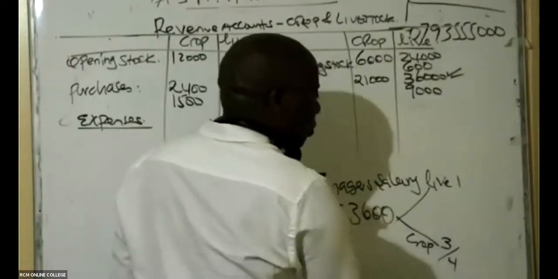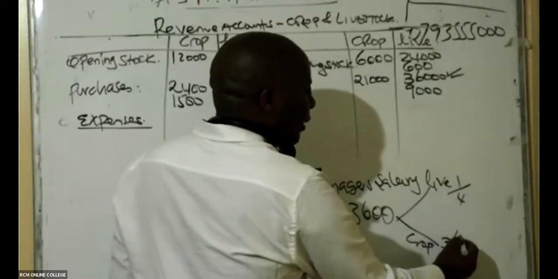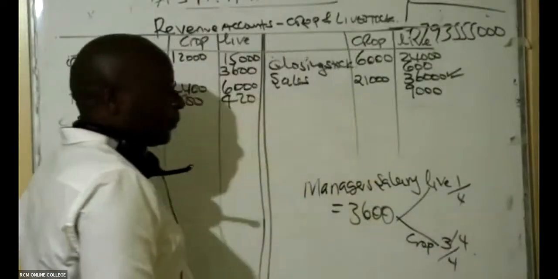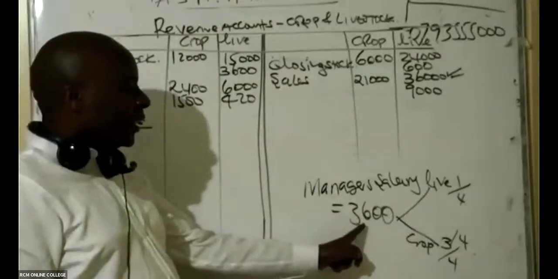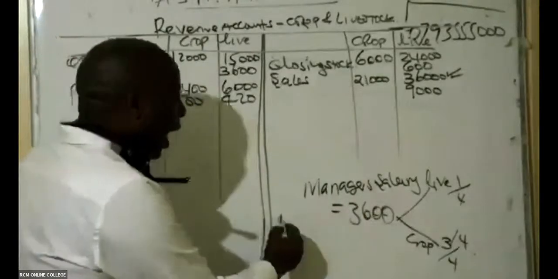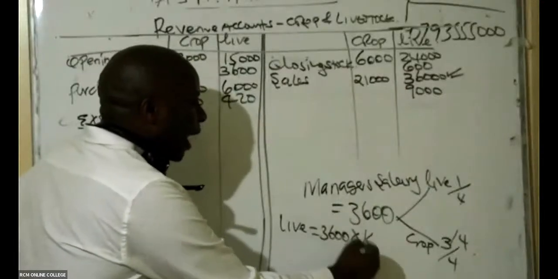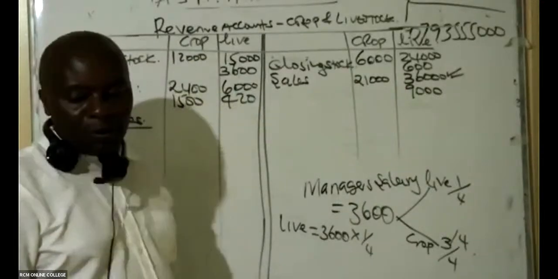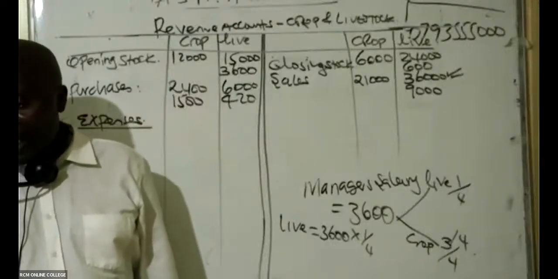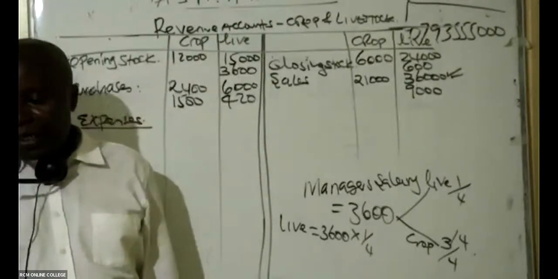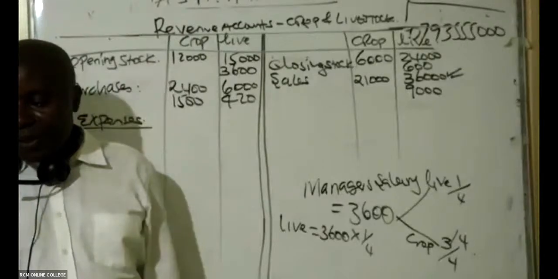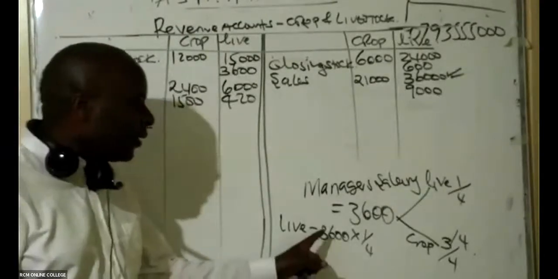So these are 4 portions. This will be a quarter, this will be 3 quarters. So can somebody give me 3,600 times a quarter? Livestock will be 3,600 times a quarter, which gives me 900. Remember, he wants to confuse you.